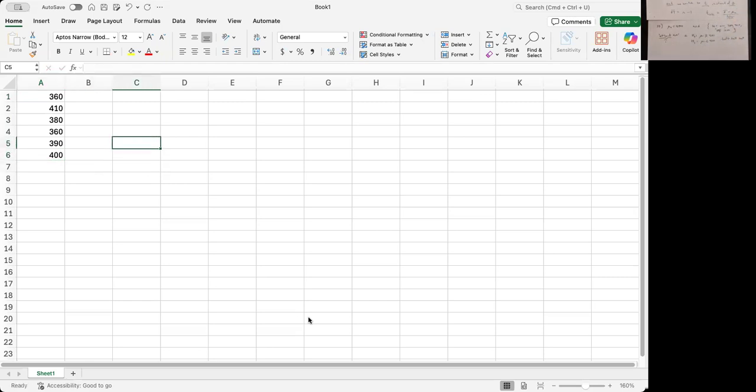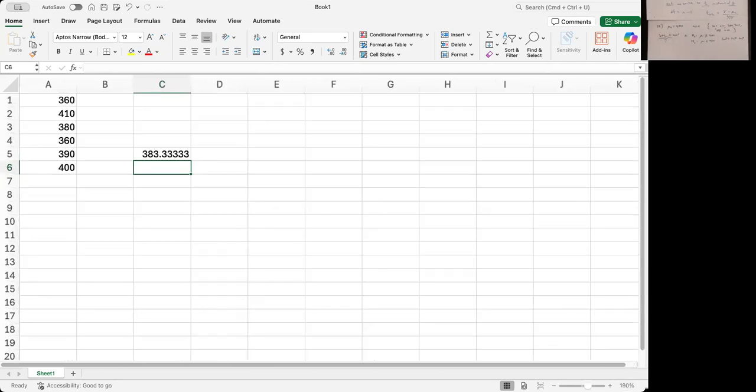And then we can ask for the average of these pieces of data. There's my average, 383.3. And I can ask for the standard deviation.